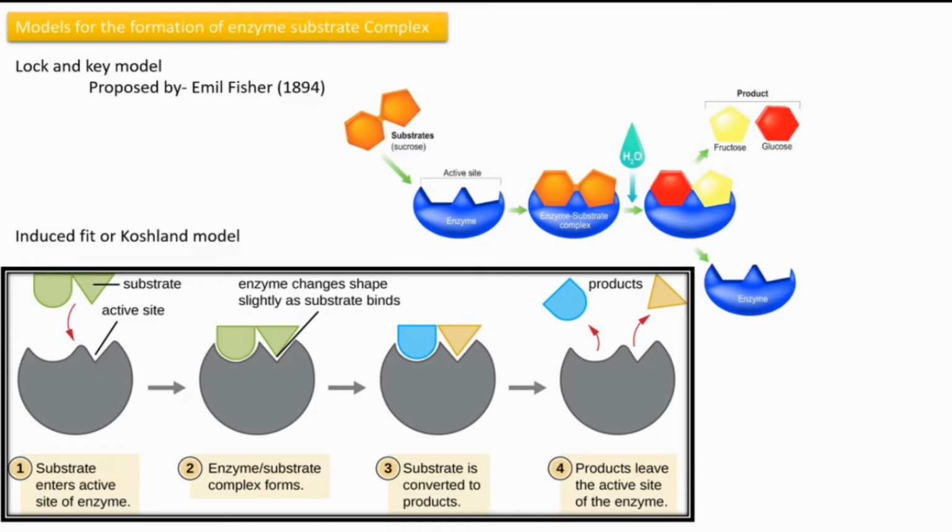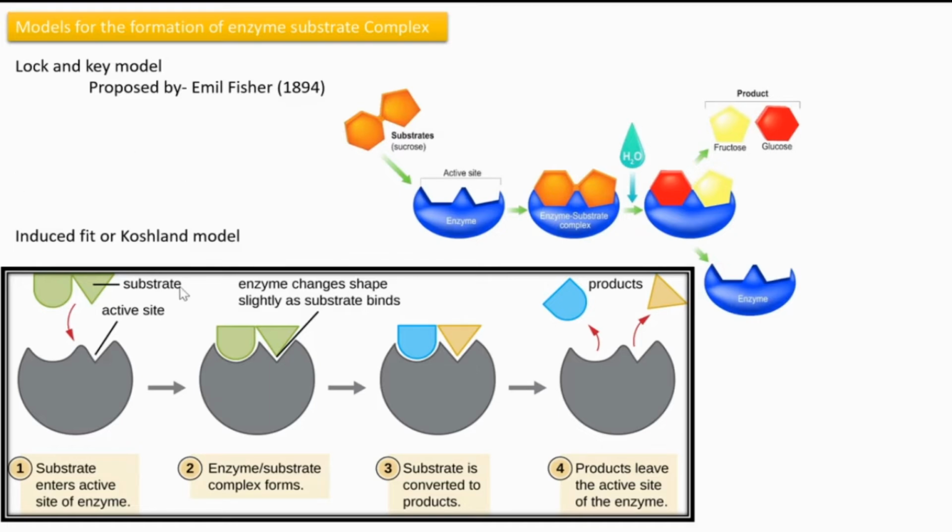Normally, the enzyme shows some flexibility; it is not very firm with regard to the active site in a normal situation. But according to this model, the shape of the active site is very rigid. It should not be changed for binding with the substrate.